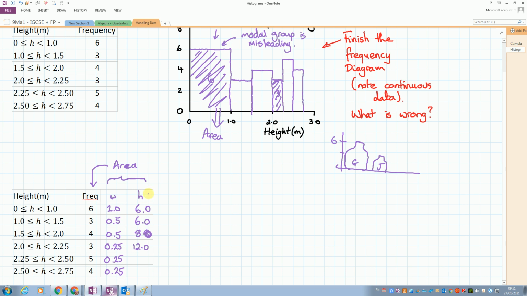So what we're doing to find this is the frequency divided by the width of the group. That gives me the height of the box, which is called the frequency density. Frequency, because we're talking about height. Density, for how spread out it should be.